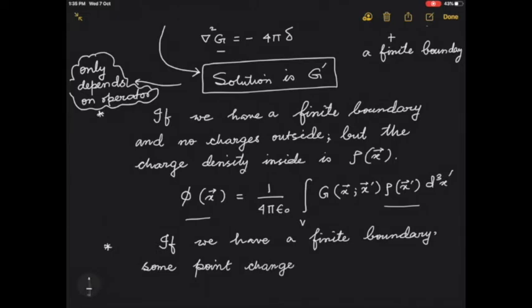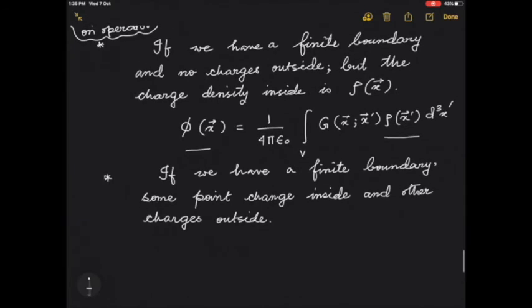So some point charge inside, which essentially tells you that now we are looking at a solution for G, and other charges outside. So what will happen in this case? Well, let's see what will happen. What will be my G in this particular case? What can I tell about it? You see, there is a point charge inside.